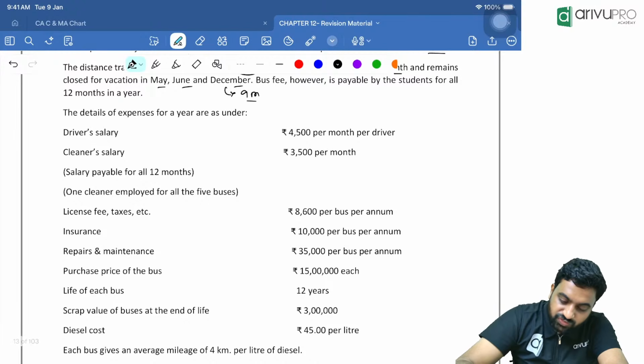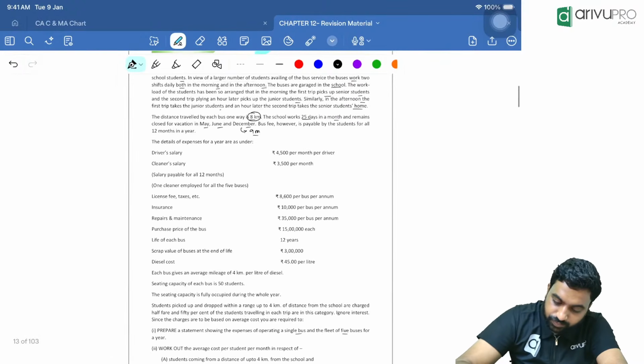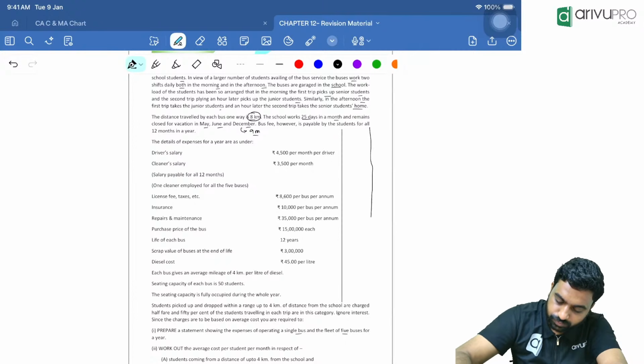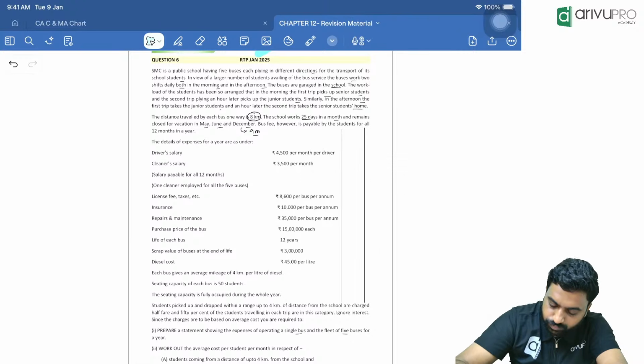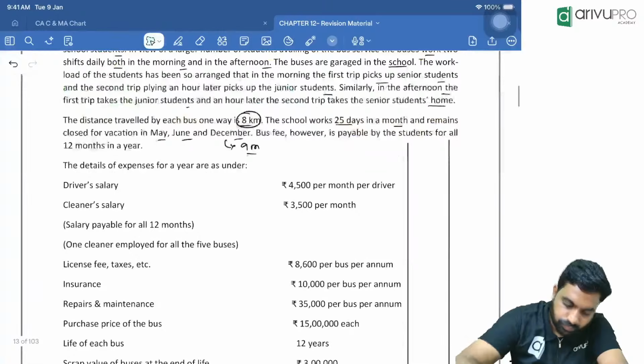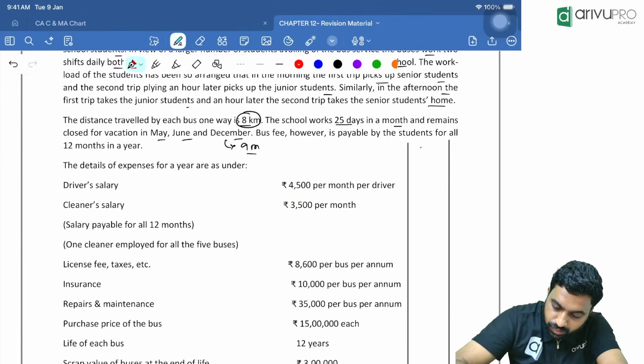Detail of the expense for the year is as under. One bus, 5 bus.